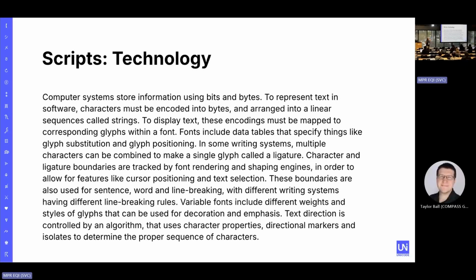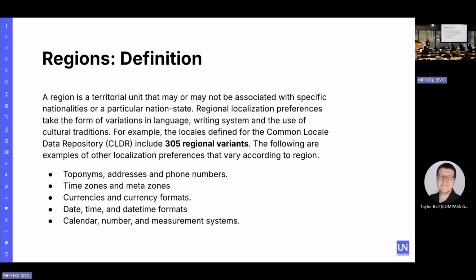Okay, so that's the technology, and that brings us to regions. A region is a territorial unit that may or may not be associated with specific nationalities or a particular nation state. Regional localization preferences take the forms of variations in language, variations in script, and variations in cultural systems and traditions.